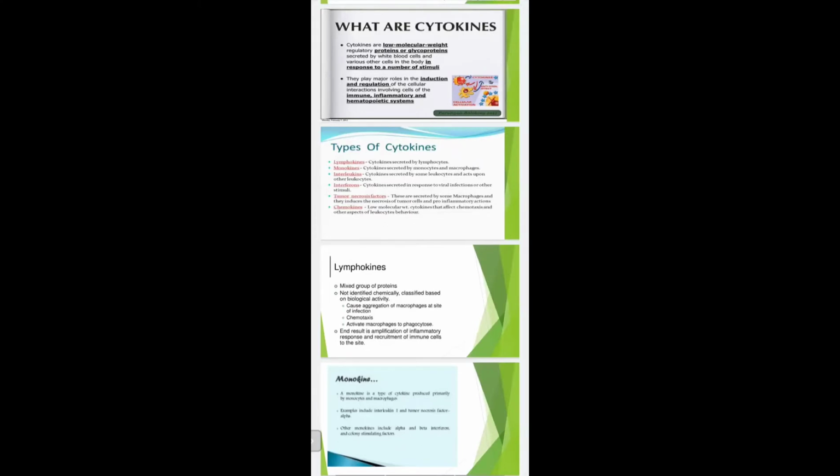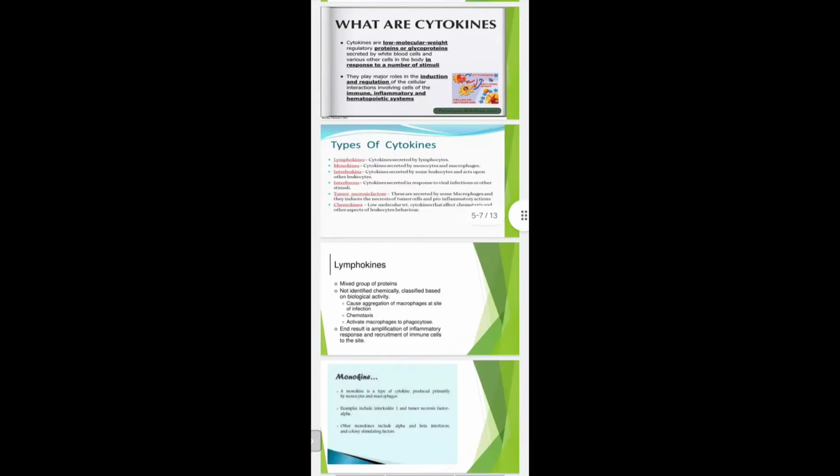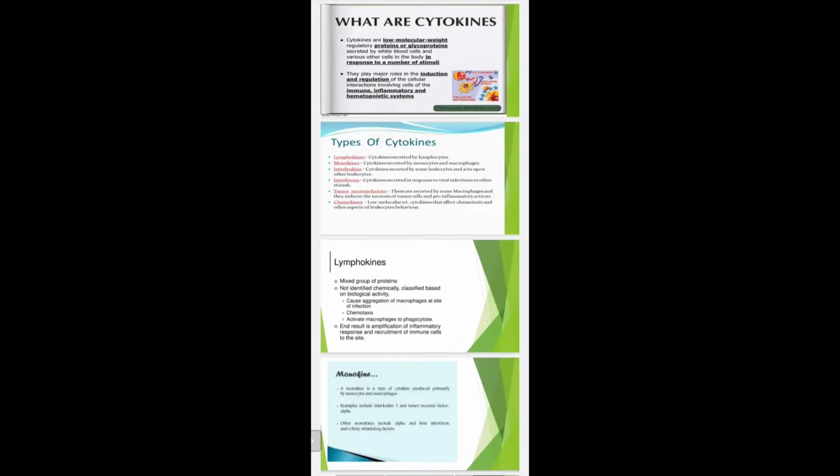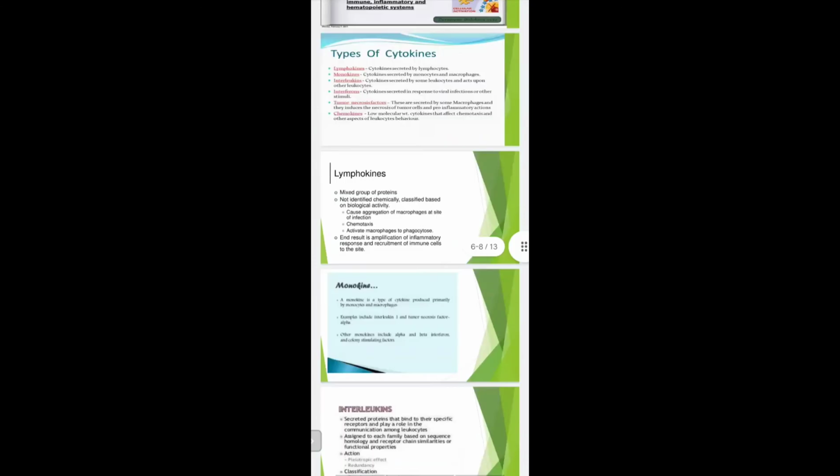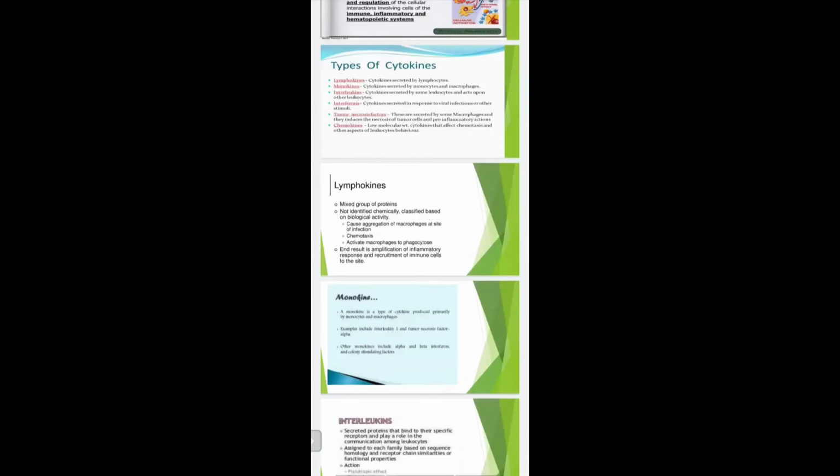Interferons, cytokines secreted in response to viral infections and other stimuli. Tumor necrosis factors are secreted by some macrophages, and they induce the necrosis of tumor cells and pro-inflammatory actions. Chemokines are low molecular weight cytokines that affect chemotaxis and other aspects of leukocyte behavior.